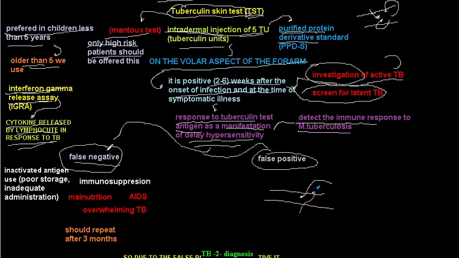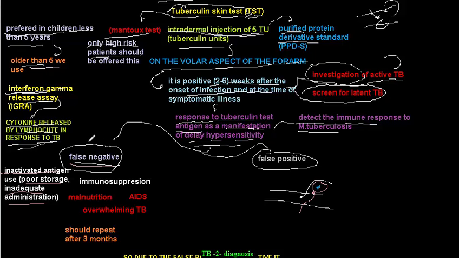So we can have false negative values if the antigen that we administer to the patient is not good enough, if it is inactivated due to, for example, poor storage or inadequate administration.